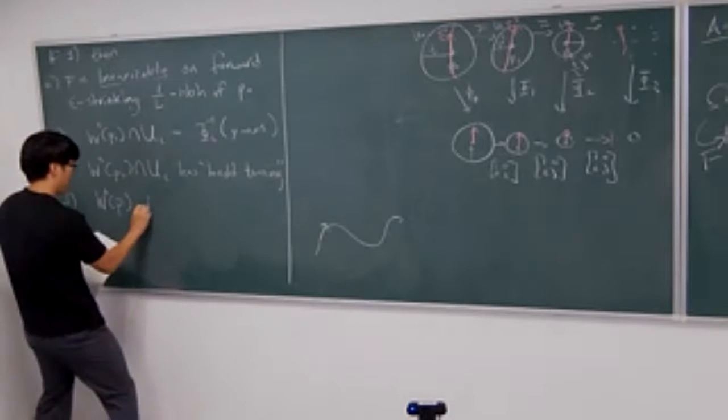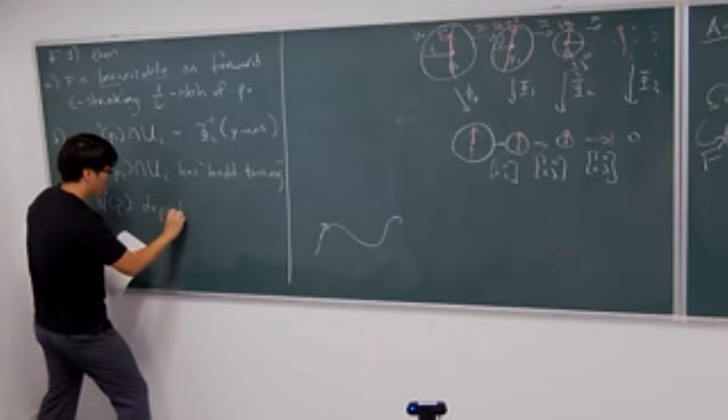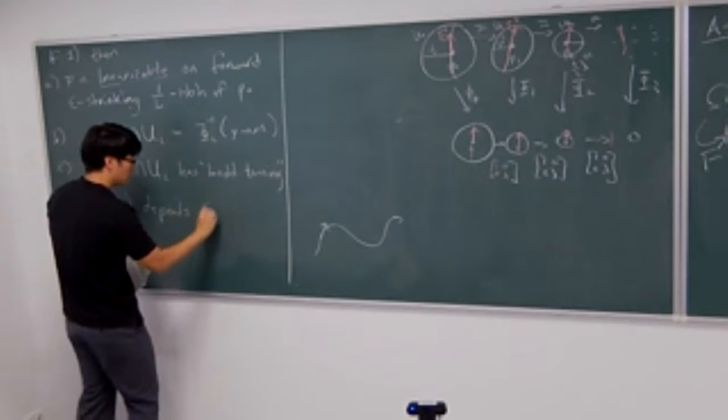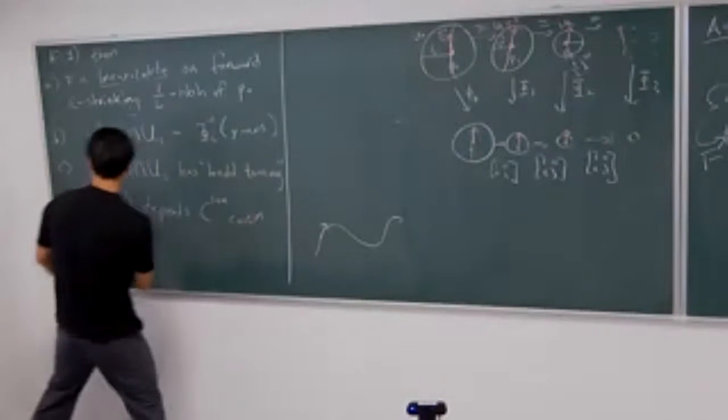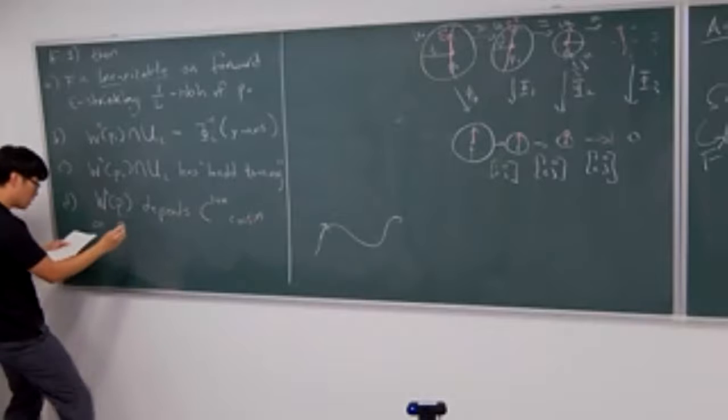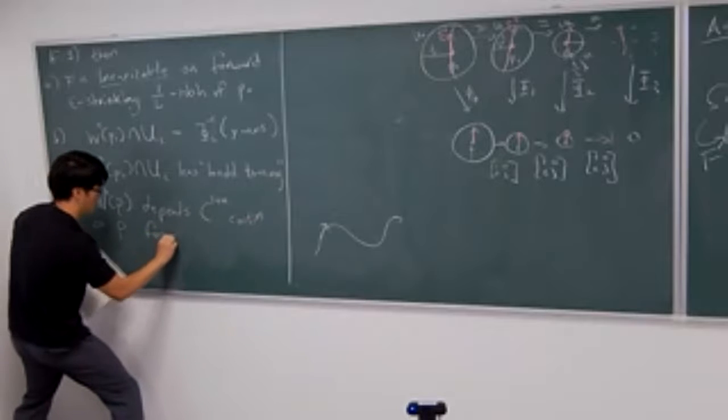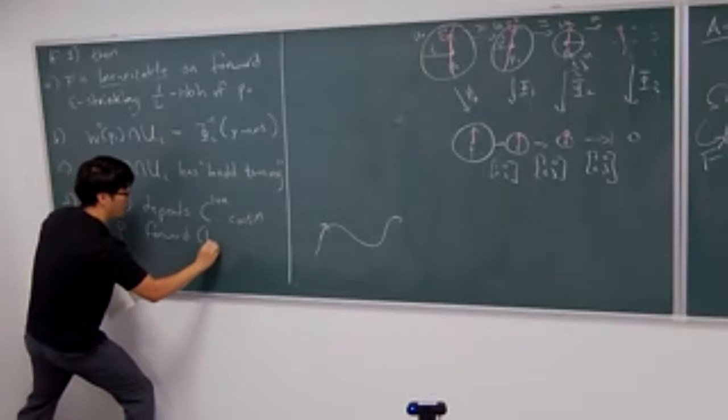Actually, it depends better than continuously, it depends C1 plus alpha continuously on the points in the epsilon ball.